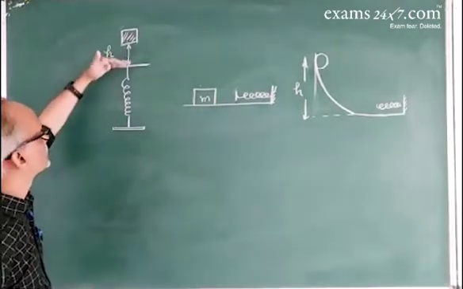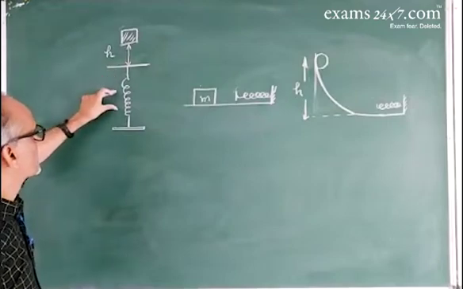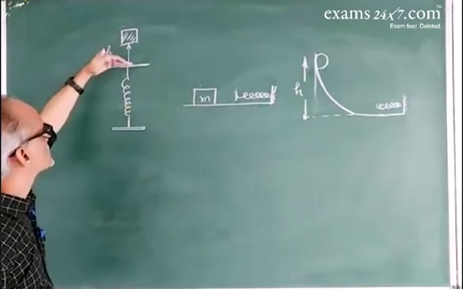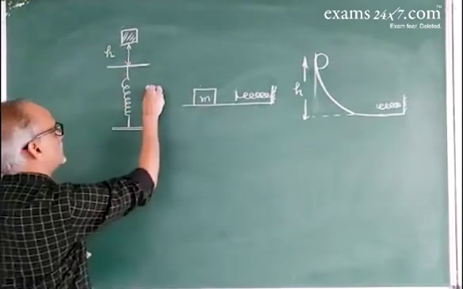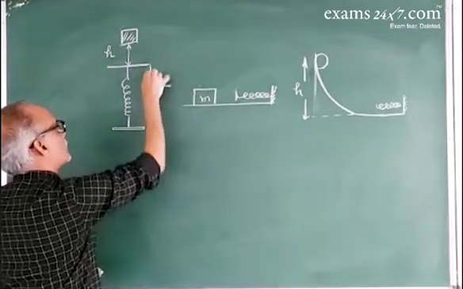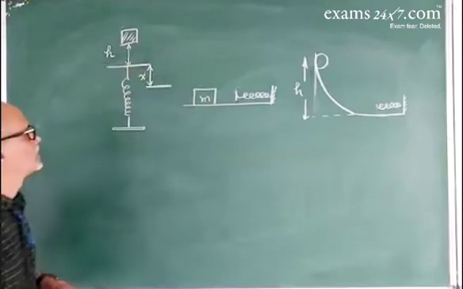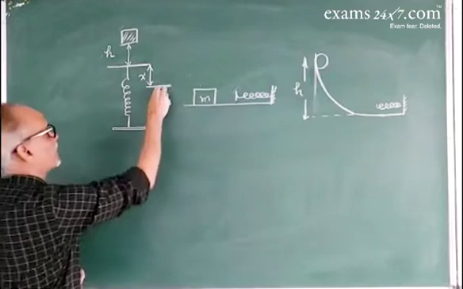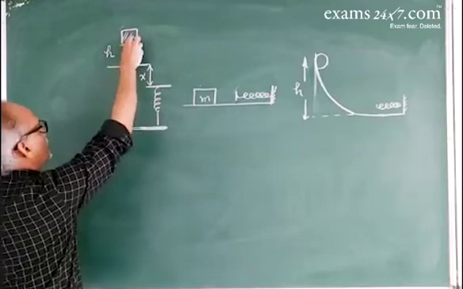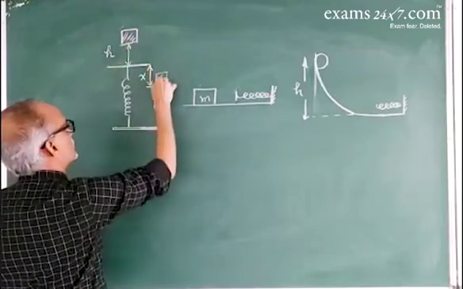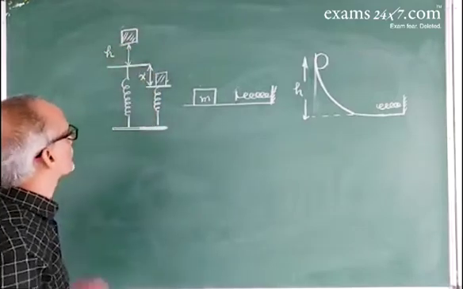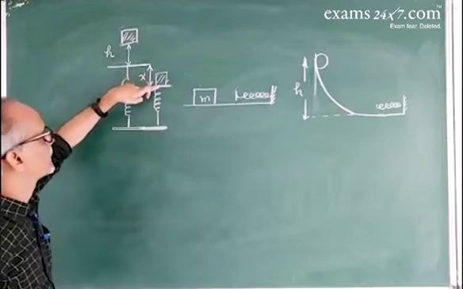if it is allowed to fall, then what is the maximum compression in the spring? When the block falls on this platform, it gets compressed. Let us consider this frame gets compressed through a distance x, so that the block falls through a total height of h plus x, so that the block comes to rest at this point.